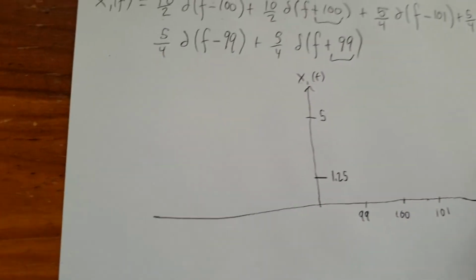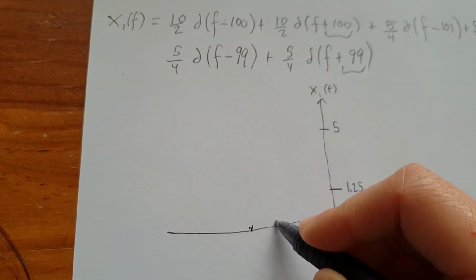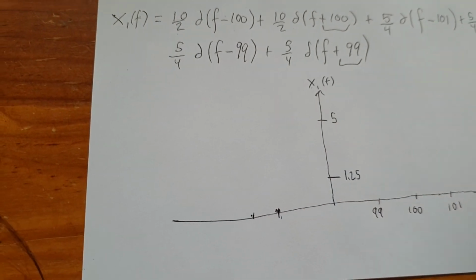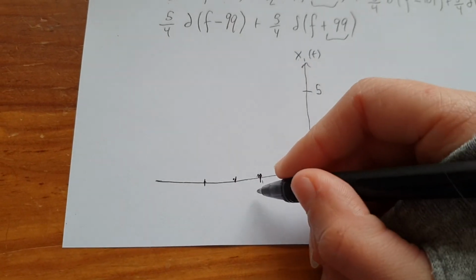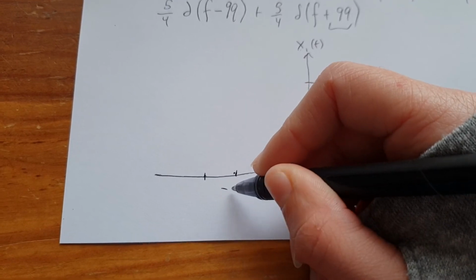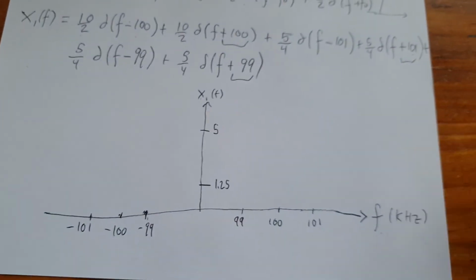So let's put that in on the negative side. I'll try and place them equally. So we have minus 99 kilohertz, minus 100 kilohertz, and minus 101 kilohertz.